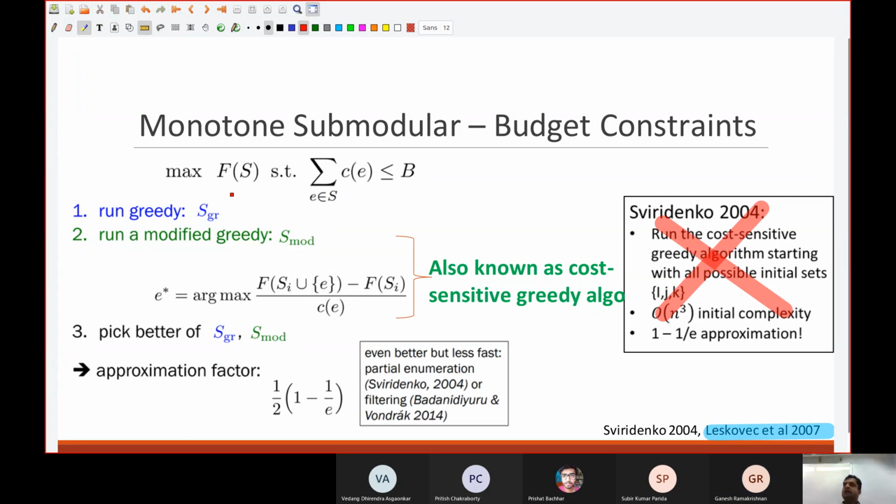It's possible that it's not worth taking the conditional gain per unit cost. Just go for normal gain. The per unit cost is coming only because you have a cost constraint, but why put it in the constraint? Try running normal greedy, run the modified greedy, and pick the better of the two.